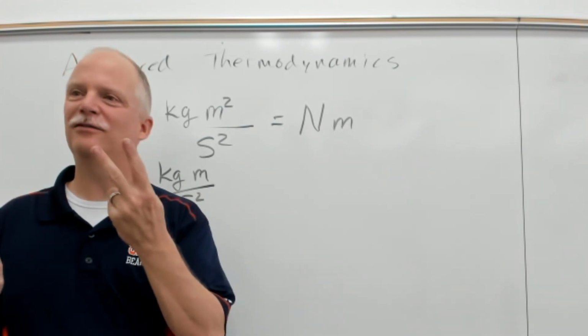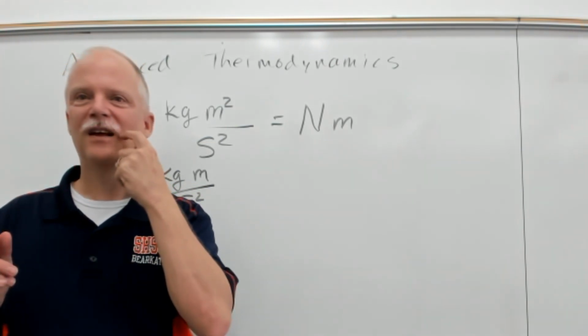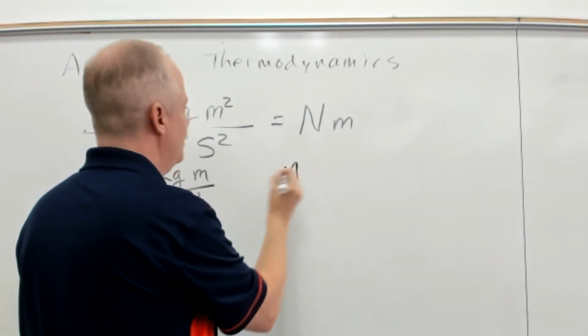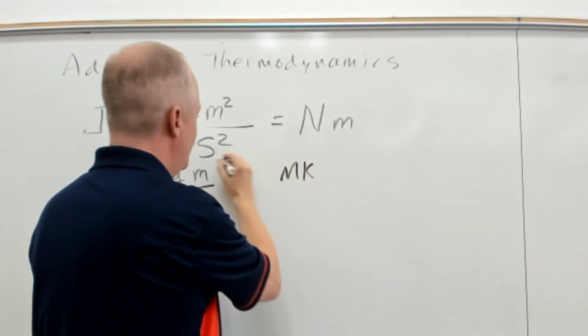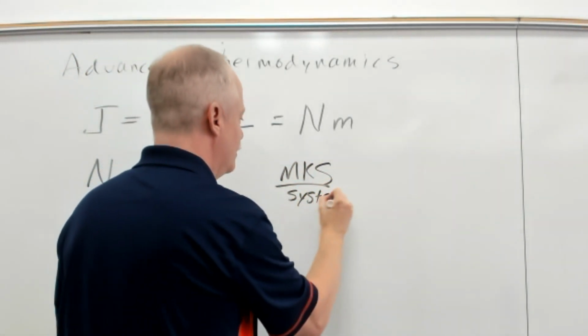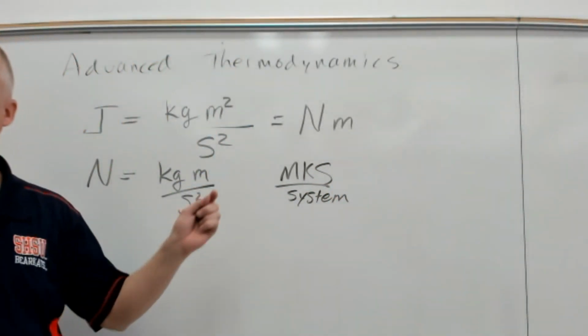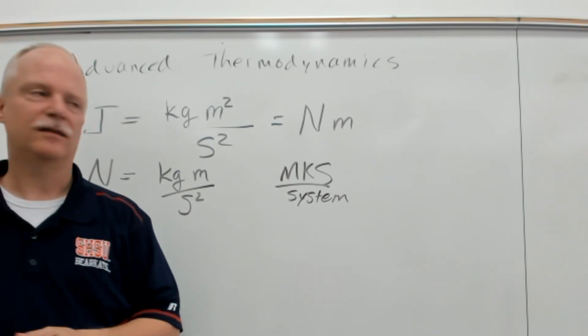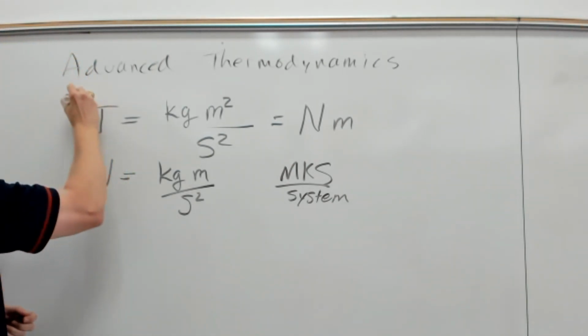There's two, actually, versions of SI units. And so this one uses M, K, and S. So that's the MKS system. Meter, kilogram, second system. Okay. And this is a joule.